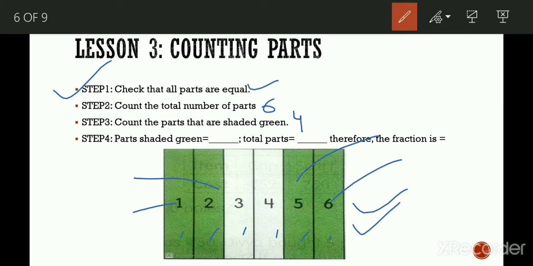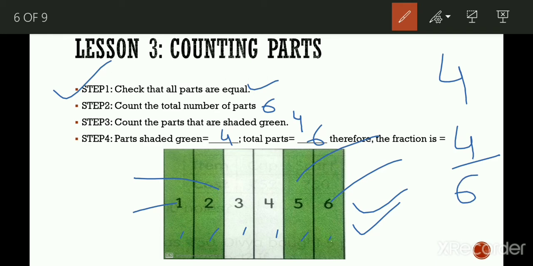Okay, so give the answer for this. Parts shaded green. Yay, 4. Okay, so I'm writing 4 here also. And what is the total part? Good, 6. Therefore, the fraction shaded is 4 upon 6.